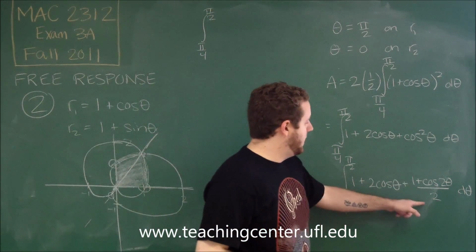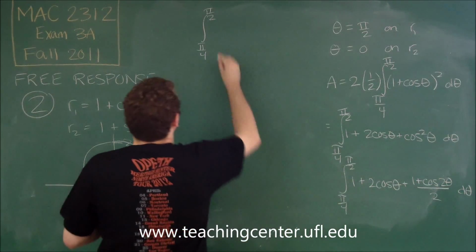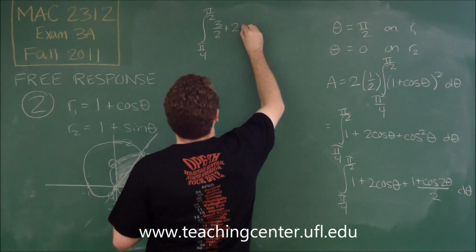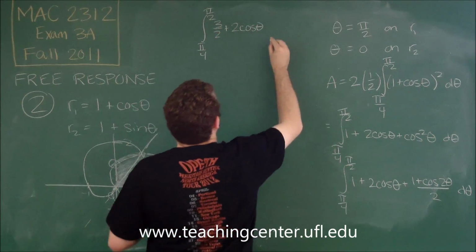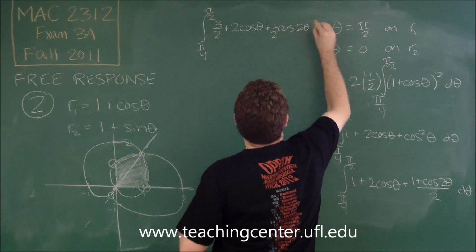This is 1/2 plus half cosine 2 theta. 1 plus 1/2 would give us 3/2. Plus 2 cosine theta plus 1/2 cosine 2 theta.